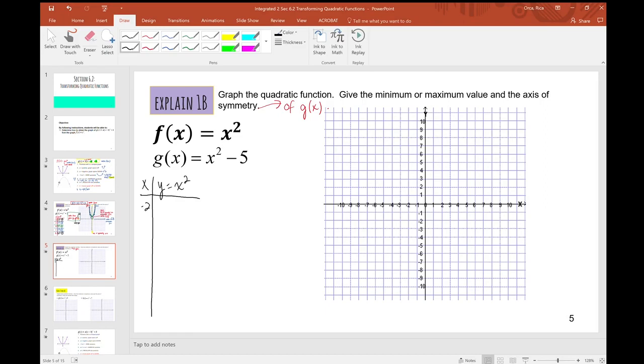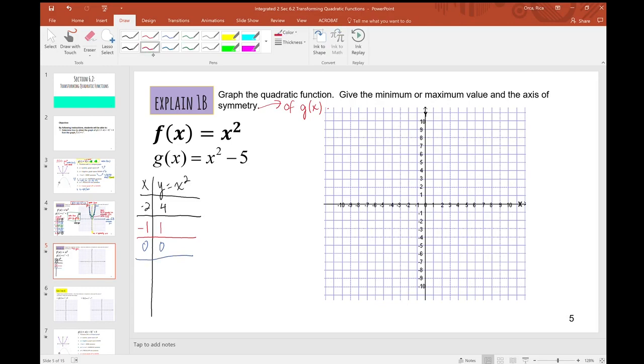When x equals -2, y will equal -2 squared, which is 4. When x equals -1, y will equal -1 squared, which is 1. When x equals 0, y will equal 0 squared, which is 0.